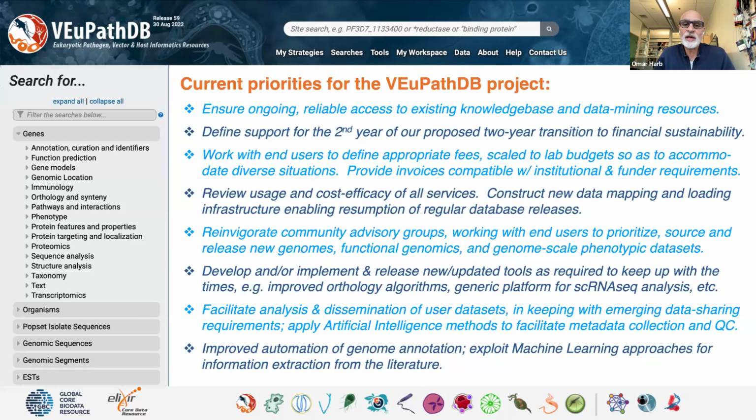And so I think it's very important to highlight these features of VEuPathDB to your funders, to program officers. The other thing that is important, and David, I'm not sure if you've mentioned this already, but people have been asking, how will I actually determine my fee? I think you did mention it, but maybe it's worth mentioning again. Our goal is in January, or around the end of January maybe, to roll out what we're calling a fee calculator.